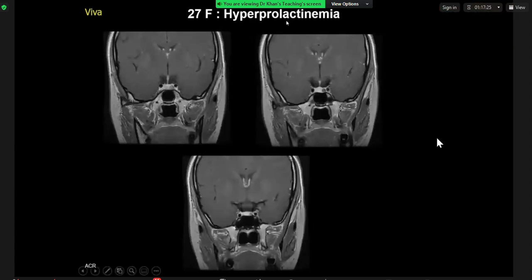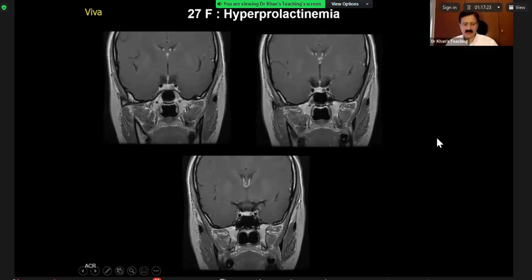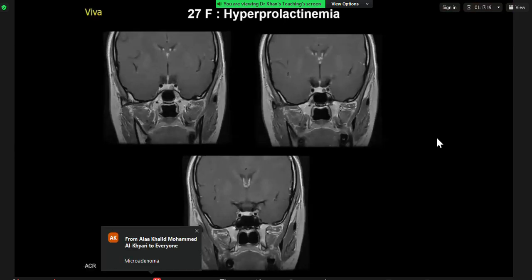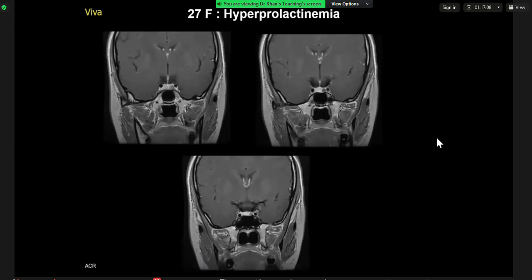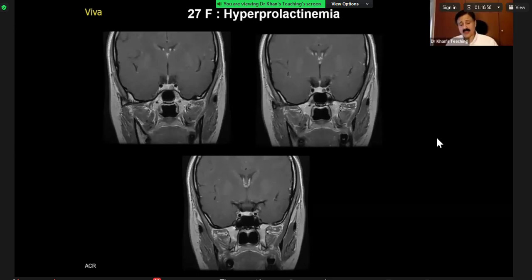So hyperprolactinemia, what does it tell me? It tells me that there's probably something involving the pituitary, the neurohypophysis and the adenohypophysis. So a prolactinoma in a 27-year-old would be my most likely. What is your finding?